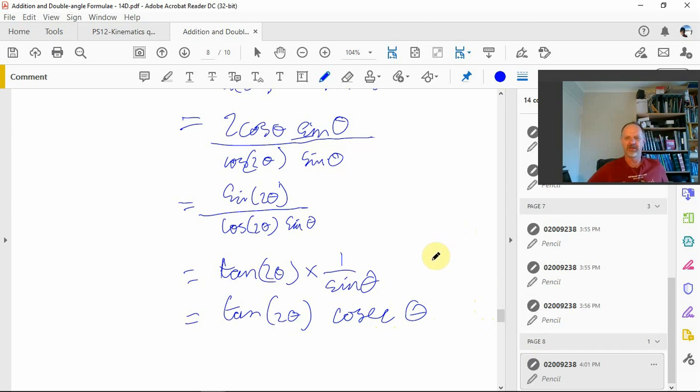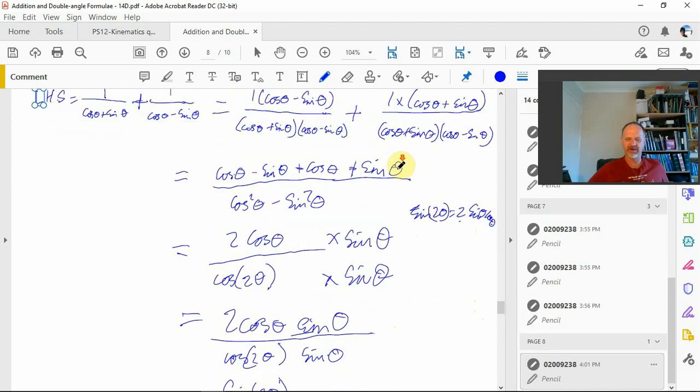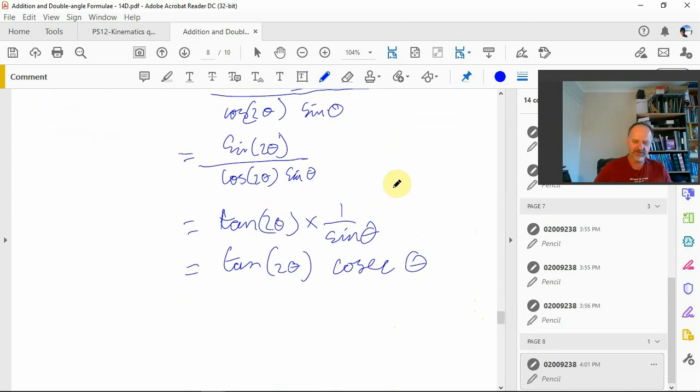We didn't have to worry about going back and trying to create that by multiplying top and bottom or common denominator or something like that. So we've got what we're after, and so that equals the right-hand side, QED.